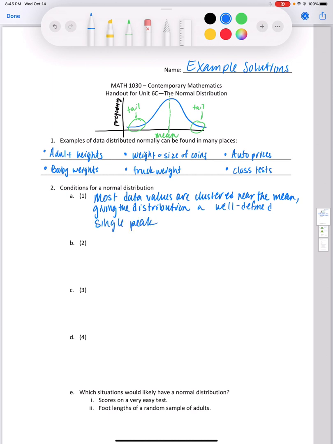So it's a single peak, so there's no bimodal things. Number 2, the data values are spread evenly around the mean, making the distribution symmetric.